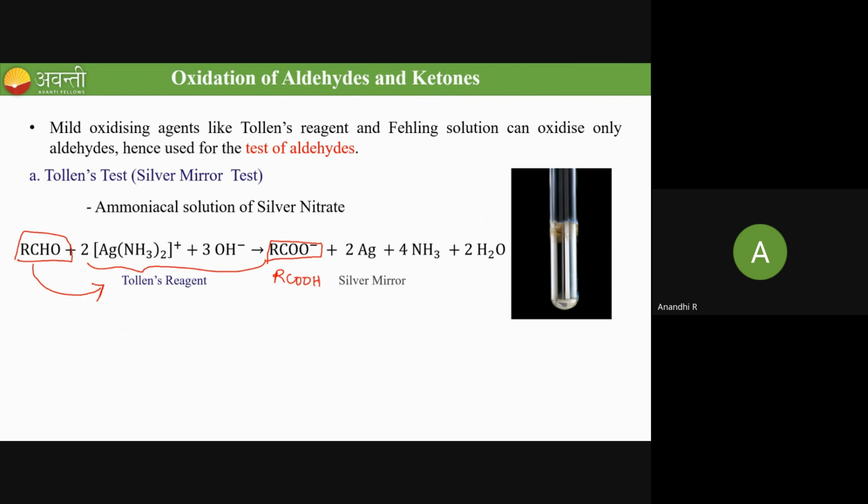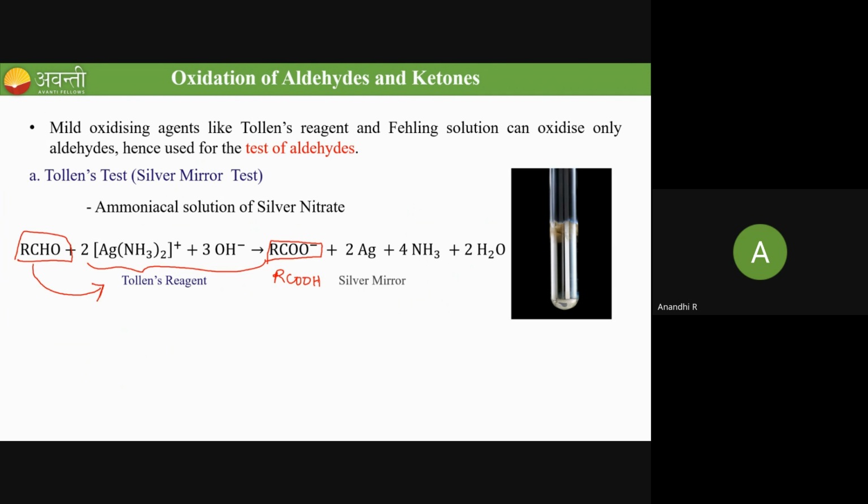If you couldn't see the silver mirror layer forming at the walls of the test tube, then you can come to the conclusion that the solution or the reactant doesn't contain an aldehyde group. So there is some other functional group present in the system, and that's why the silver mirror is not being formed.